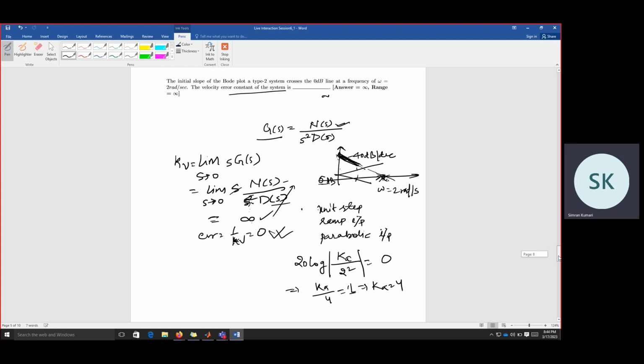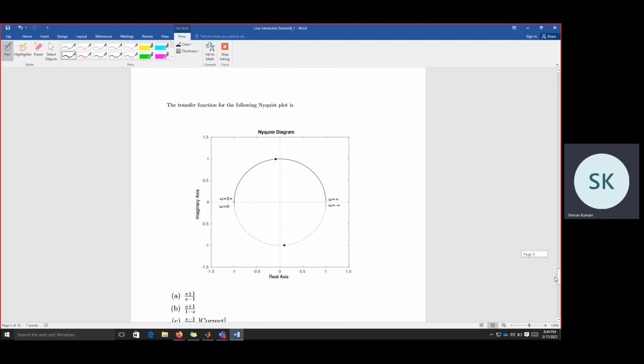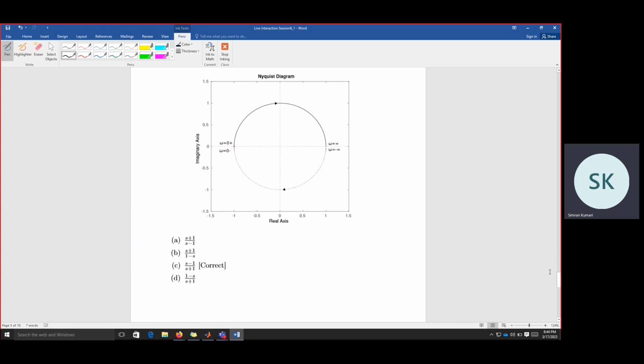Fine. Now let us proceed to the next question. What is the next question? It says there is a transfer function with a Nyquist plot like this one. As omega goes from 0 to infinity, it passes from this point to this point.